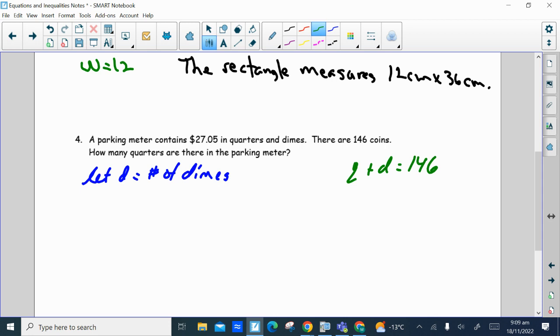And if I want to write Q in terms of D, I'd want to get Q by itself. So what would I do to both sides to get Q by itself there, Beckham? Sure. I've got this equation here, Q plus D equals 146. If I want to get Q by itself, what would I do to that equation to get Q by itself?